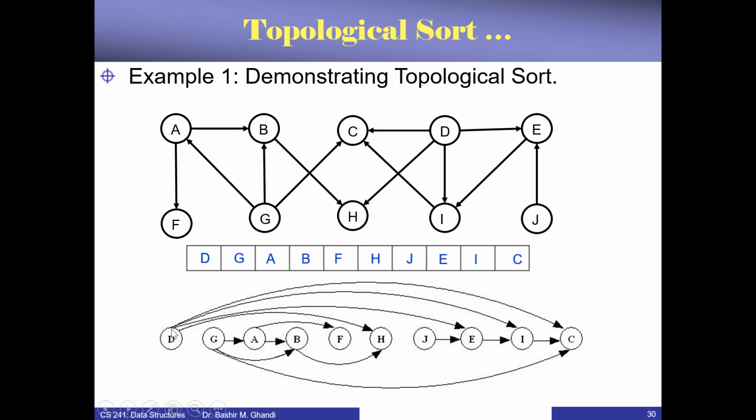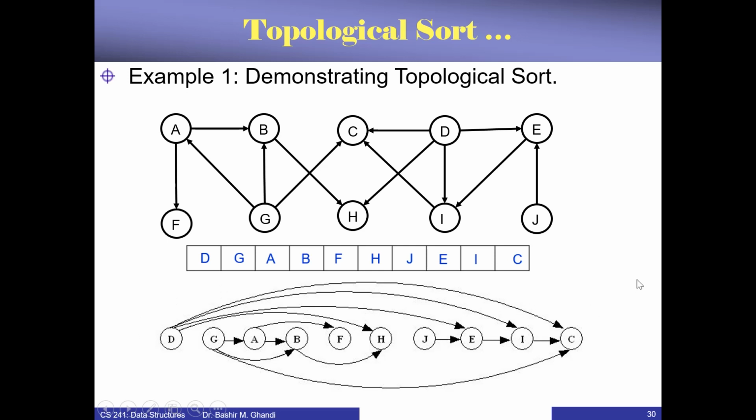So from D, we have an arrow going to C, another one going to H, an arrow from D to I, and finally an arrow from D to E. So this is all there is to it. Once you list the vertices, just redraw the edges, and you will have a topologically sorted graph.